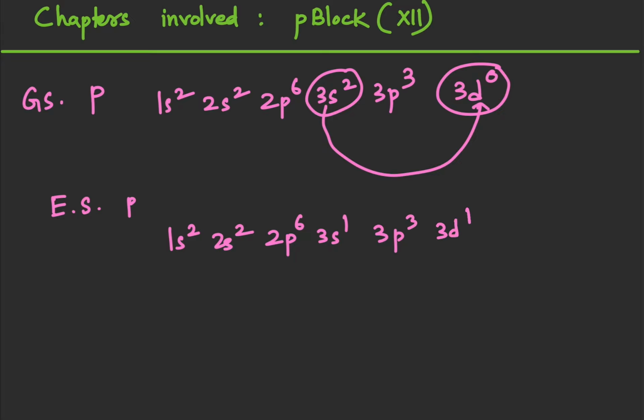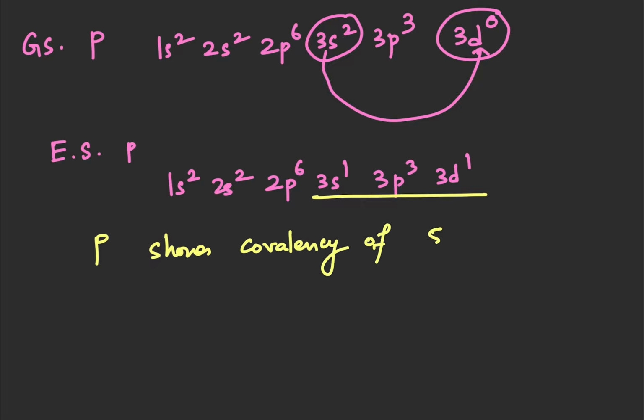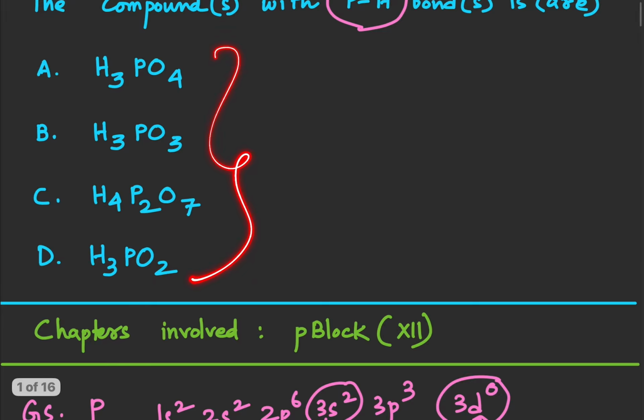And we know that the number of unpaired electrons present, or the number of half-filled orbitals present, is equal to the covalency, right? So therefore phosphorus shows a covalency of 5, very important, okay. So 3, 4, 5. So in its commonly encountered compounds, for example these are very common compounds of phosphorus, it shows a covalency of 5.